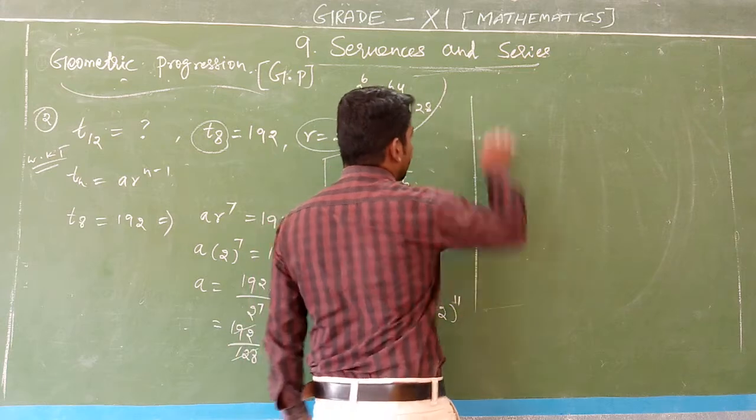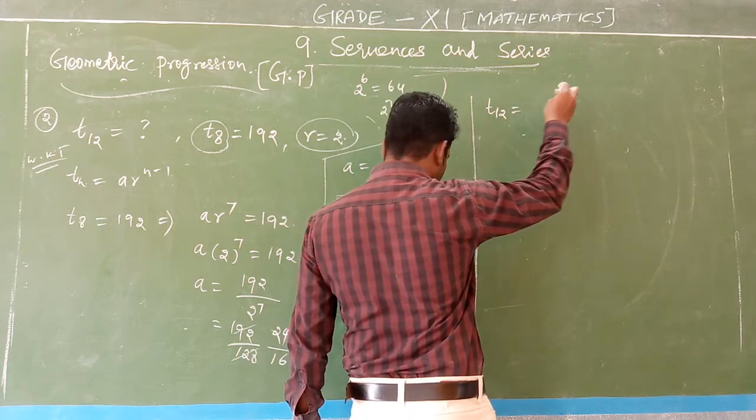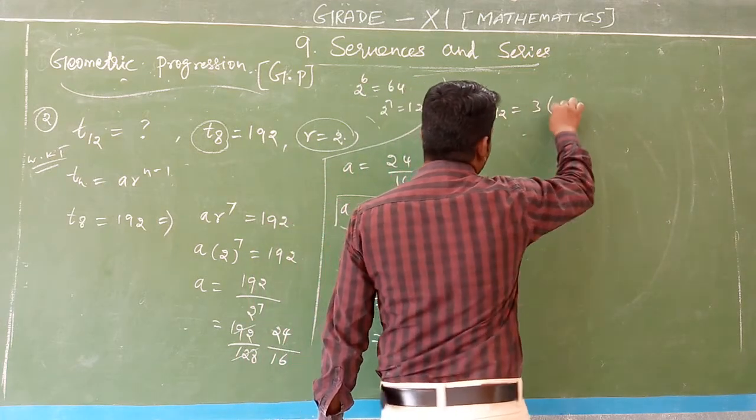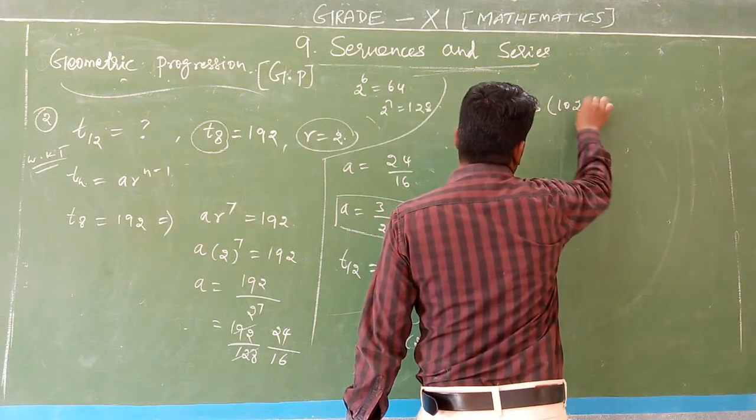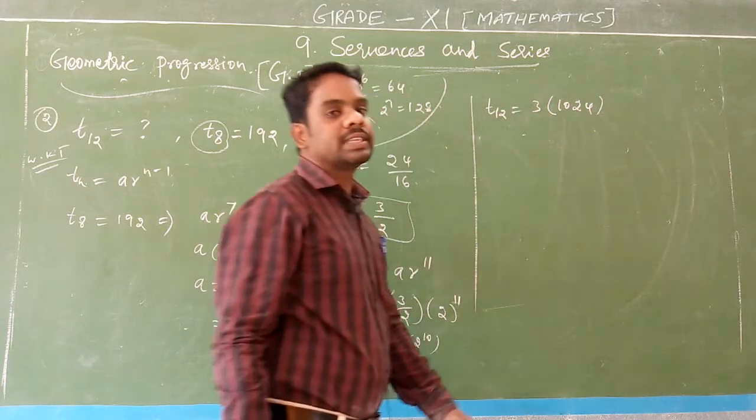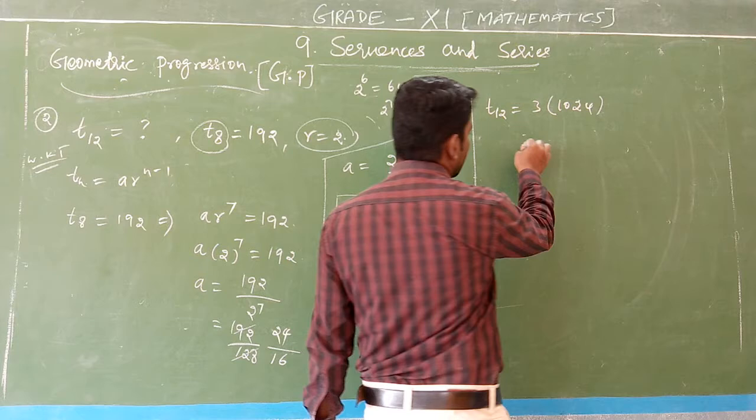So T12 is equal to 3 into 2 power 10. 2 power 10 is equal to 1024.